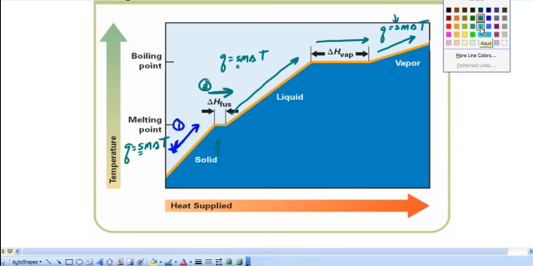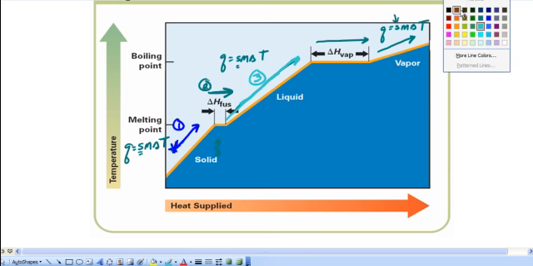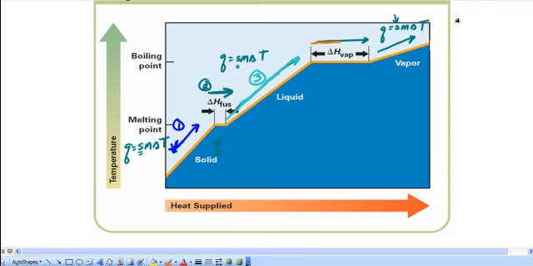In step 3, and let's do this in aqua, we're going to bring the temperature of the water all the way from 0 up to the boiling temperature. In step 4, we're going to boil the water into steam. And in step 5, we're going to take that steam at 100 degrees Celsius and bring it up to our final temperature. So let's go ahead and do that.